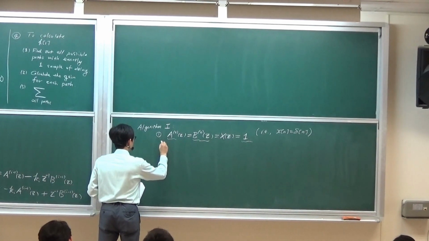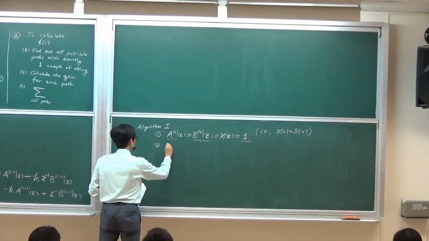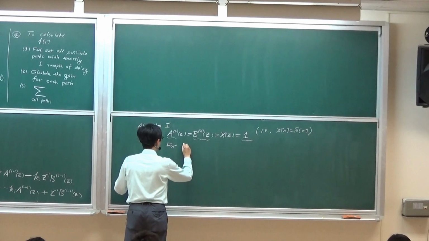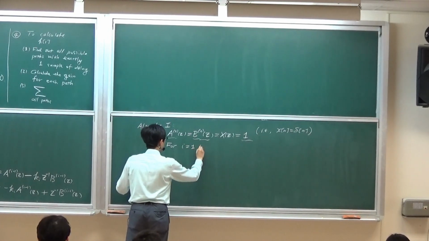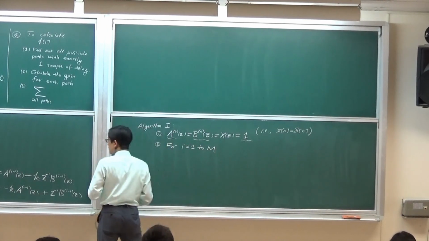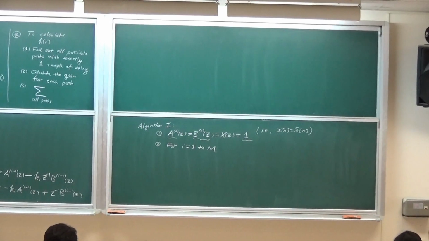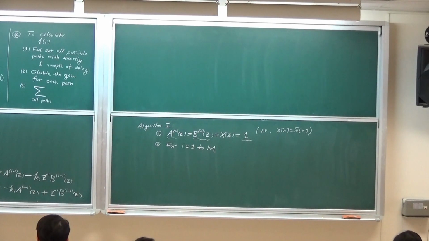And then for i equals 1 to n, do this. Since this is a recursive relation, let's give it a name: do a recursion, equation 1a and equation 1b.